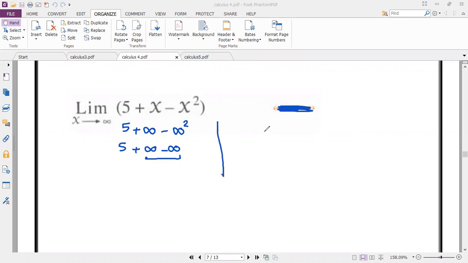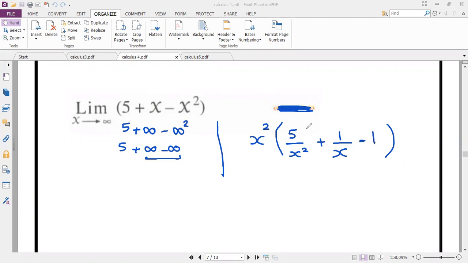So we can deal with it by taking x to the power of 2 as a factor. So 5 divided by x to the power of 2, plus x divided by x to the power of 2, which is 1 over x, minus 1 here.